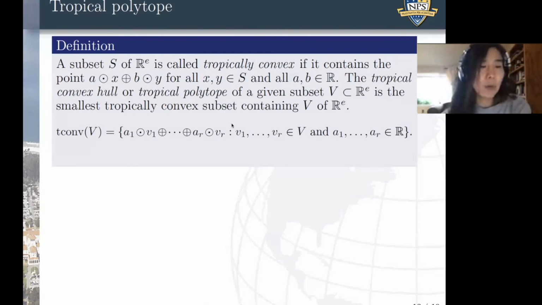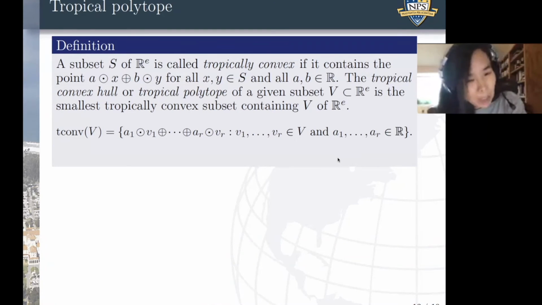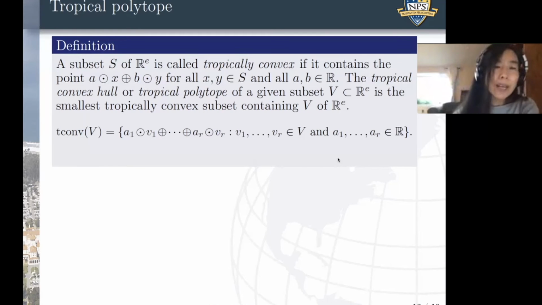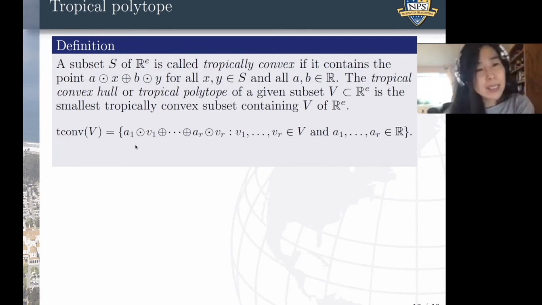The tropical convex hull is defined as this. So V is a finite set from the vector space, and a_1 through a_r are real numbers. It's slightly different from the classical polytope or convex hull definitions, but under tropical geometry or tropical arithmetic, that makes sense.